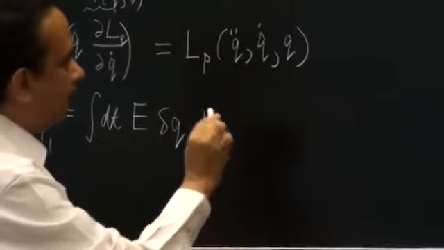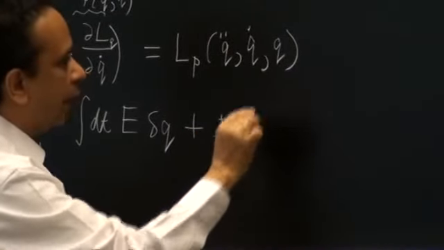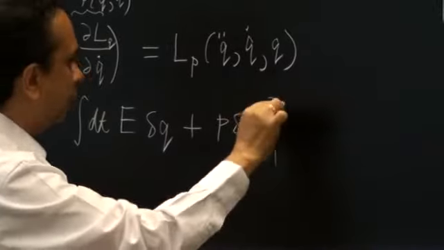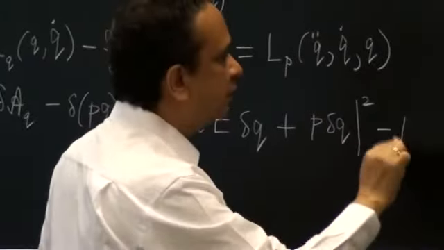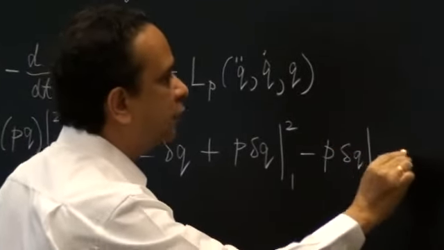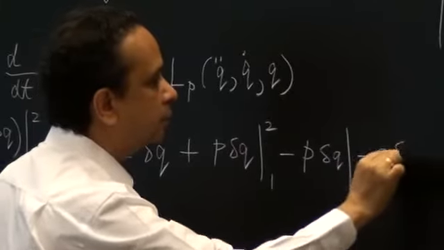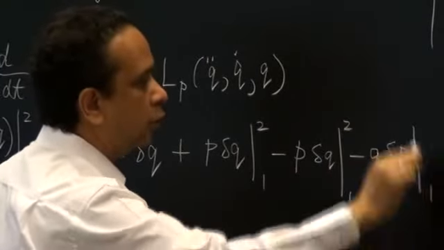Then I have plus P delta Q at the endpoints. Then I am subtracting from it this, which is minus P delta Q minus Q delta P on the endpoints.